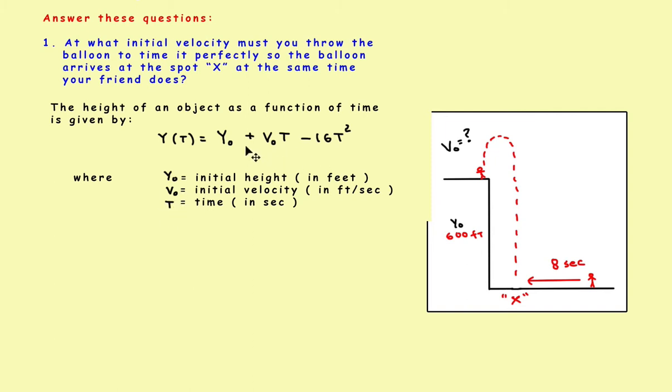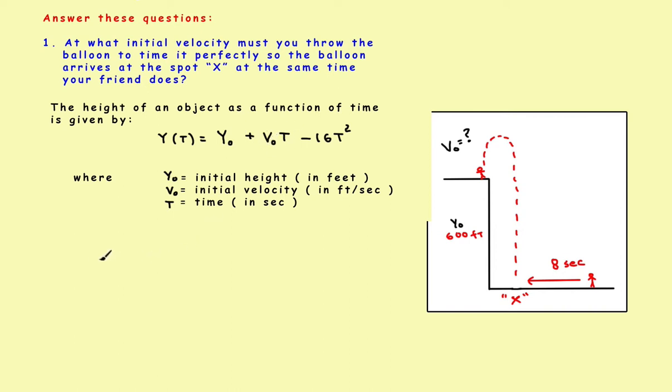In the previous problems, we knew the initial height and the initial velocity. In this problem, we know that the initial height is 600 feet, so y sub 0 is 600 feet right here. The initial velocity is what we're going to solve for.